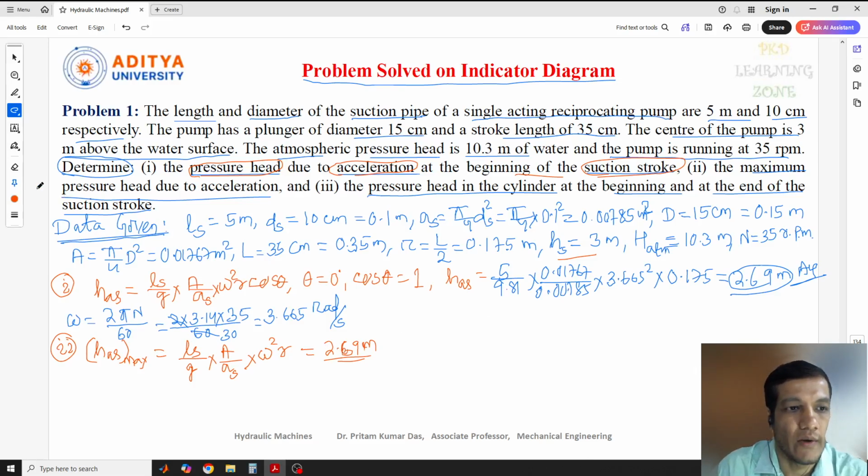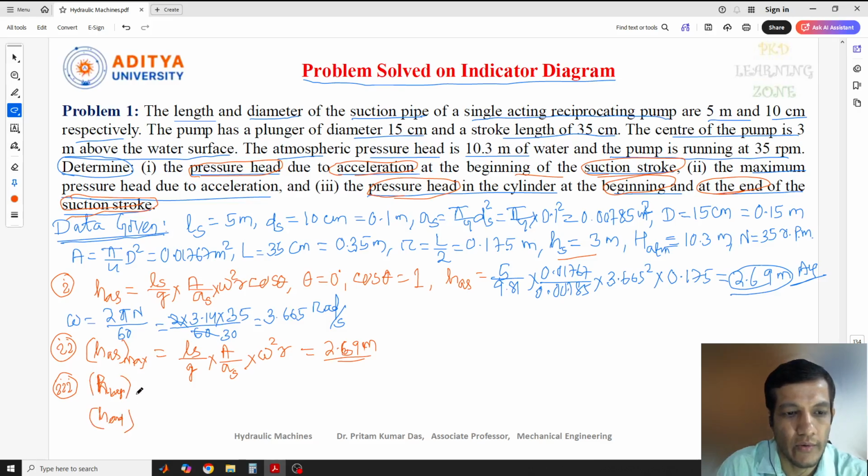The last one asks about the pressure head in the cylinder at the beginning and at the end of the suction stroke. So two things we need to calculate here: the pressure head at the beginning of the stroke and at the end of the suction stroke.